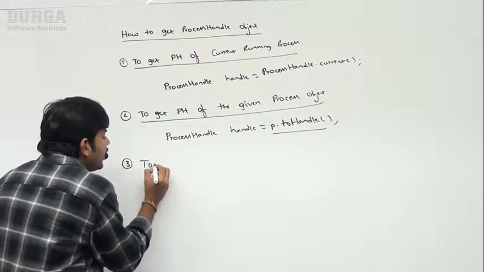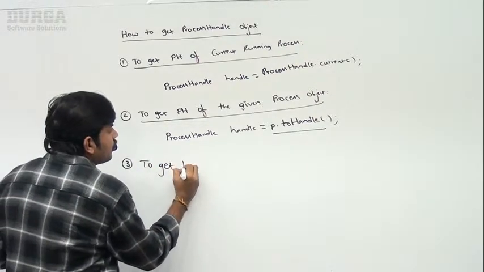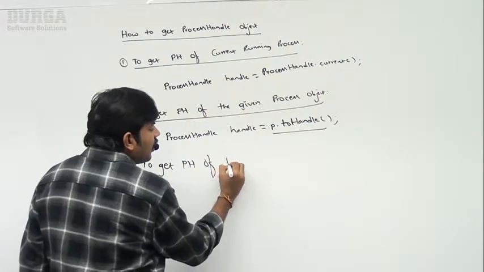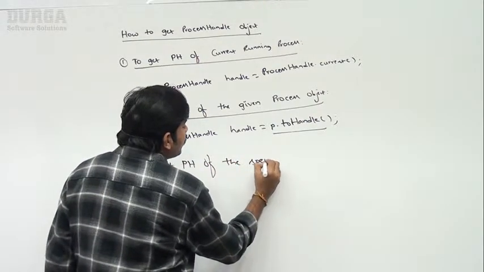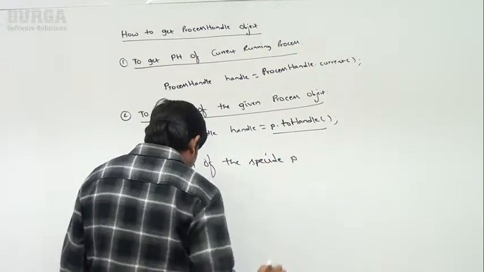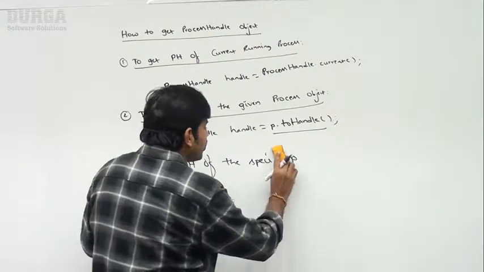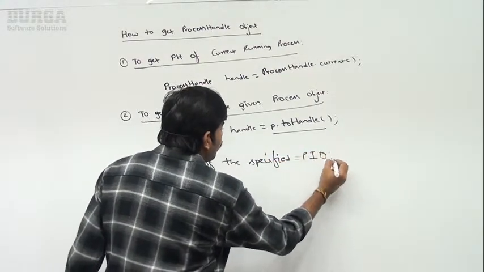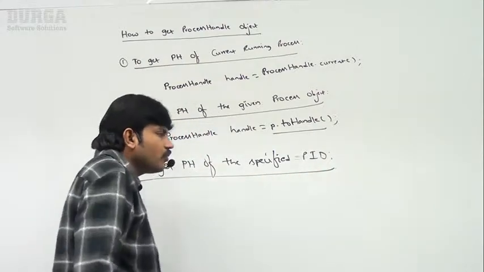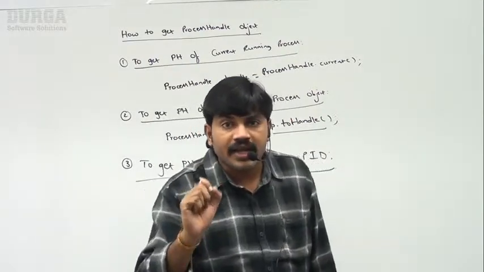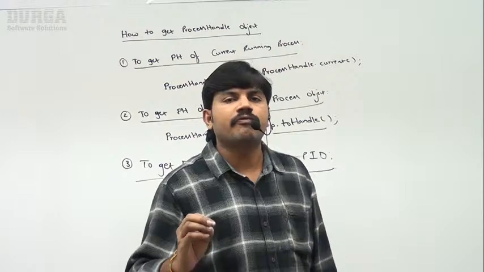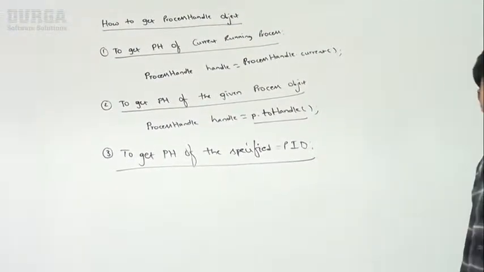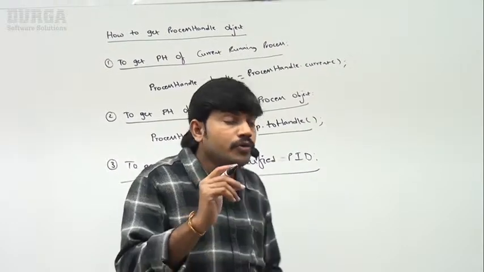To get the ProcessHandle of the specified process ID. If you know the process ID, how to get the ProcessHandle object is very easy, sir. Make sure you people are aware, sir. Very simple terminology, sir.